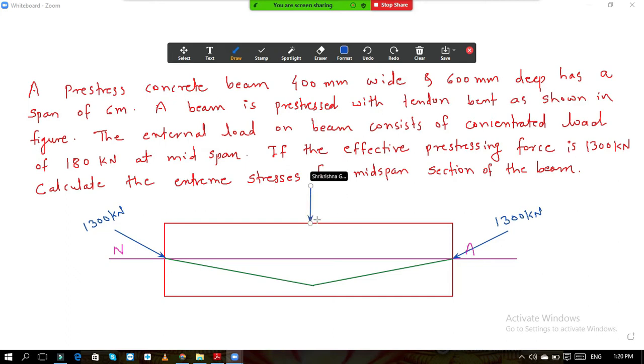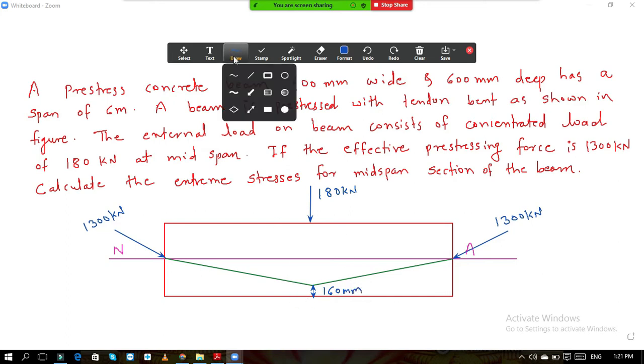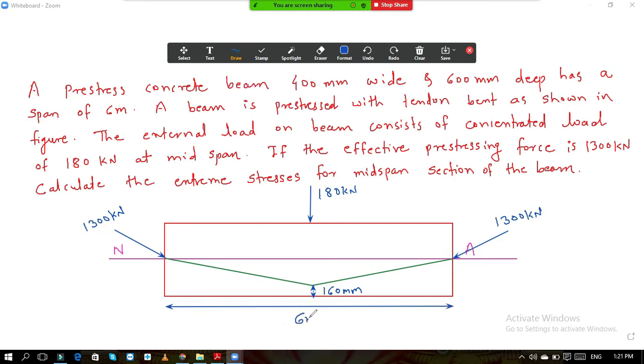Here somewhere a point load is acting. This is of 180 kilonewton. Also the distances are given to you. This distance is given as 160 mm. This total distance is your span, and this is 6 meter. The cross section, you know, is 400 by 600, so the depth of the beam is 600 and the width is 400.